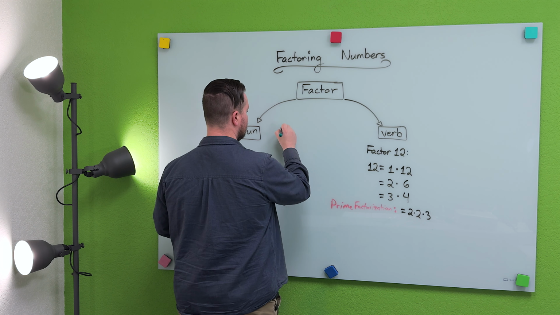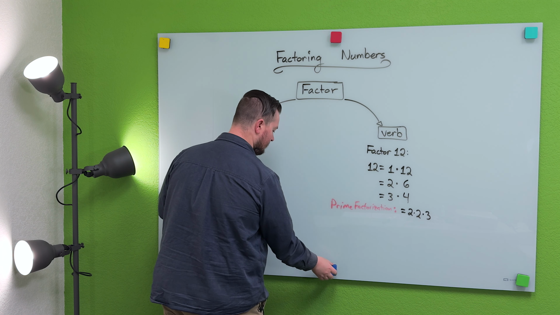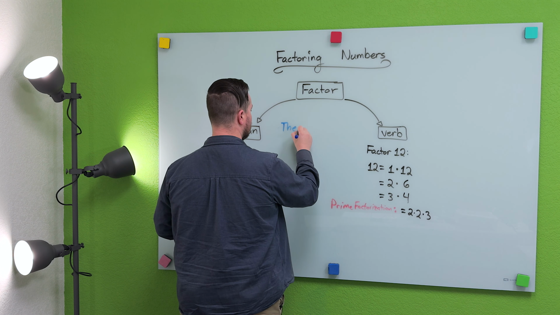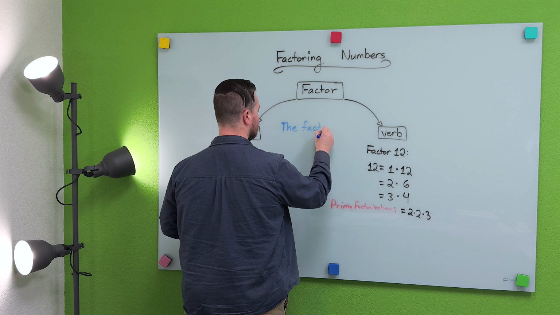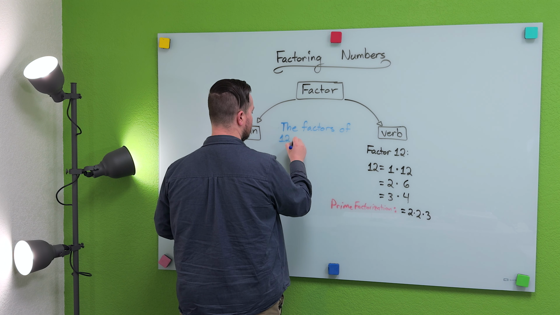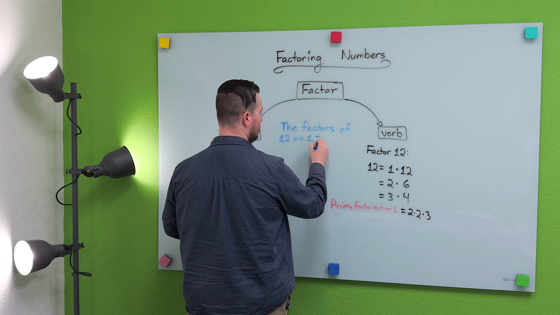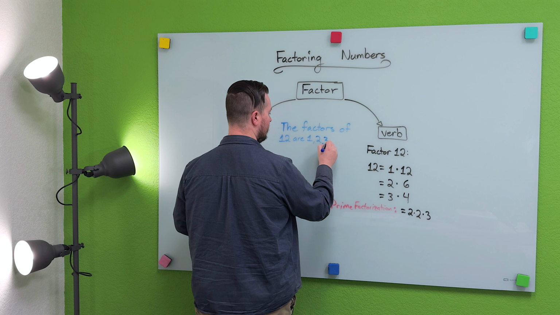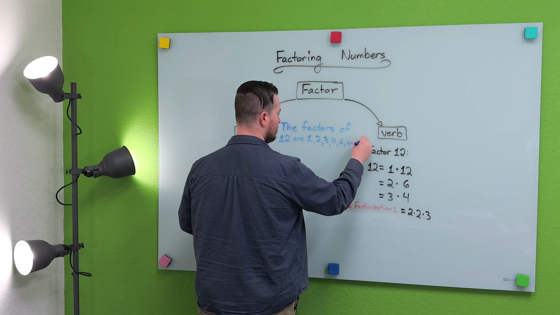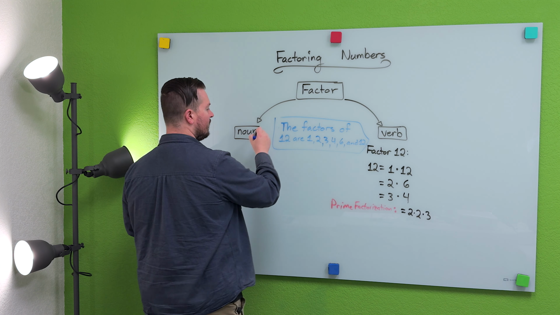So we can say the factors of 12 are 1, 2, 3, 4, 6, and 12.